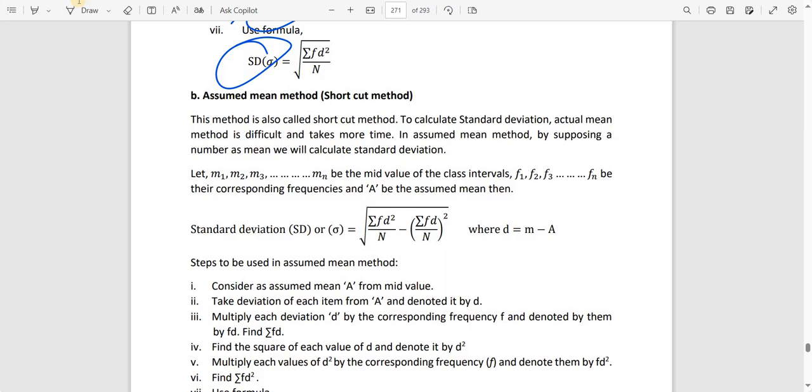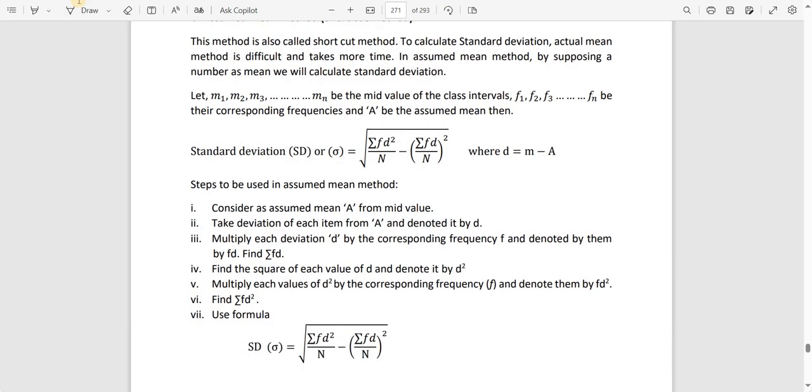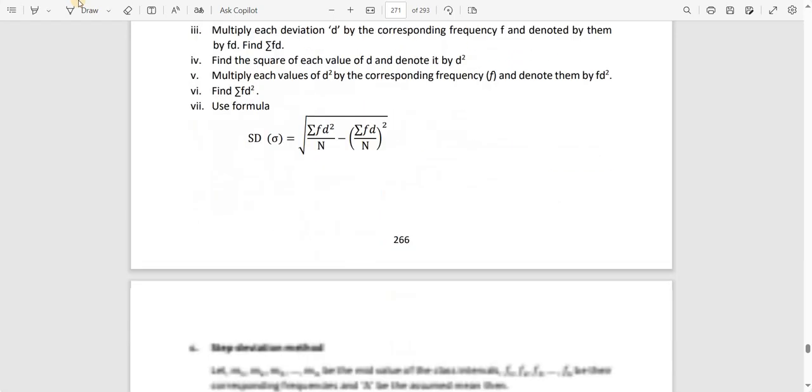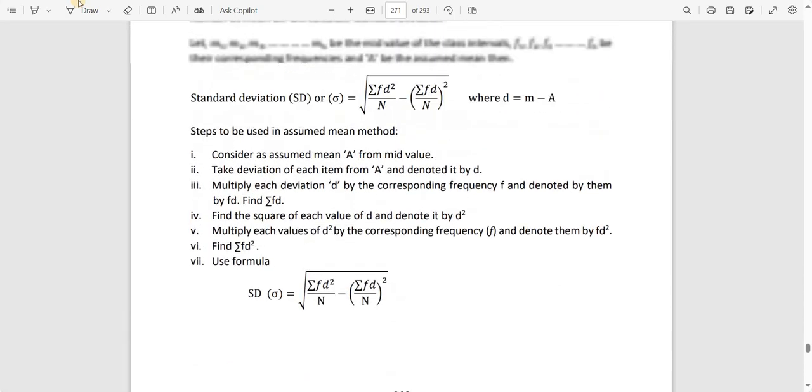In the assumed mean method, by supposing a number as the mean, we can calculate the standard deviation. Let m1, m2, m3 up to mn be the midpoints of the class intervals, f1, f2, f3 up to fn be their corresponding frequencies, and A be the assumed mean.